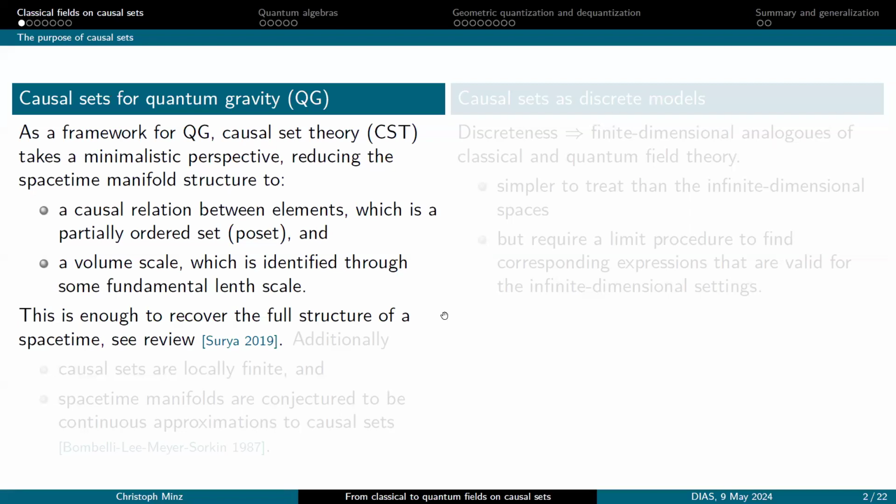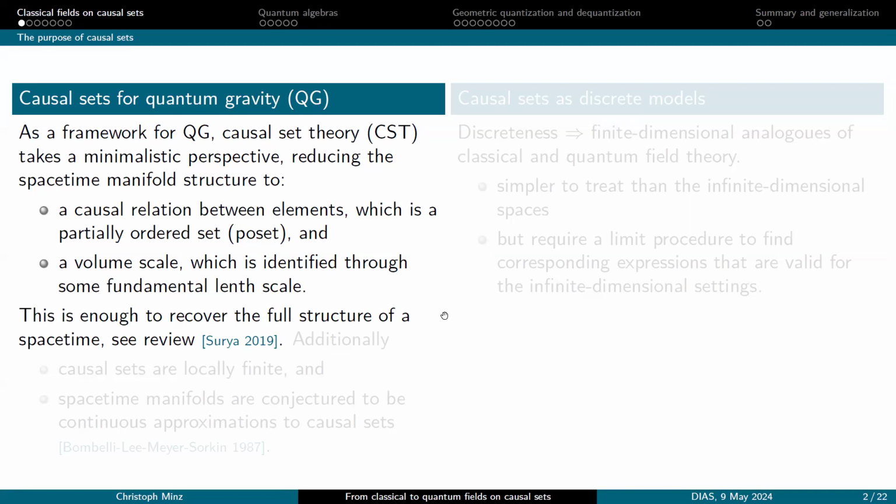So, as motivation, why do causal set theory? Maybe some of you might already know about it. It's a framework to do quantum gravity, and I'm saying here in the way that I'm using it, it's not yet really a theory of quantum gravity because there's no quantization in this theory per se.